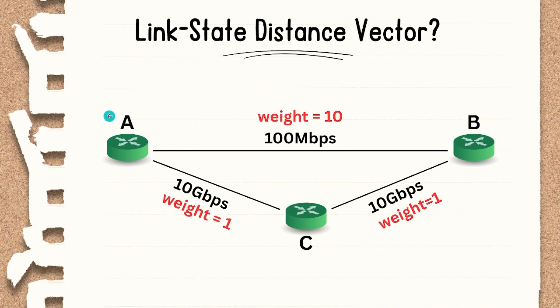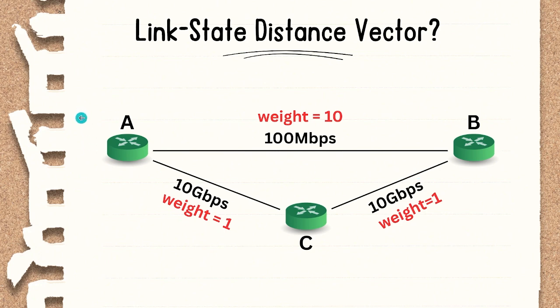Now let's say the packet can take 2 paths. The first path is the 100 Mbps link, the direct connection between A and B. And the next path is the connection from A to C and C to B, which has more speed, 10 Gbps and 10 Gbps.